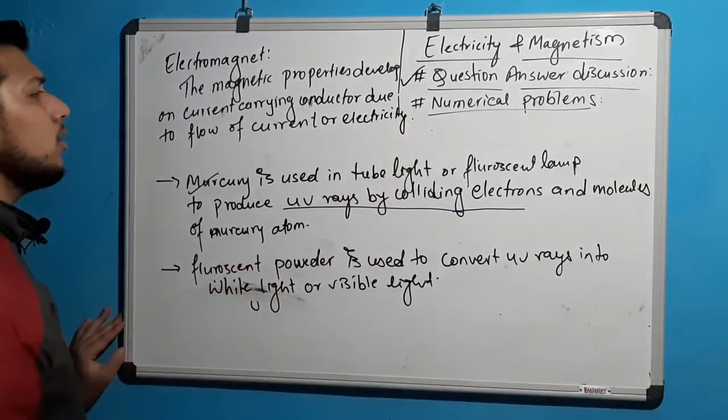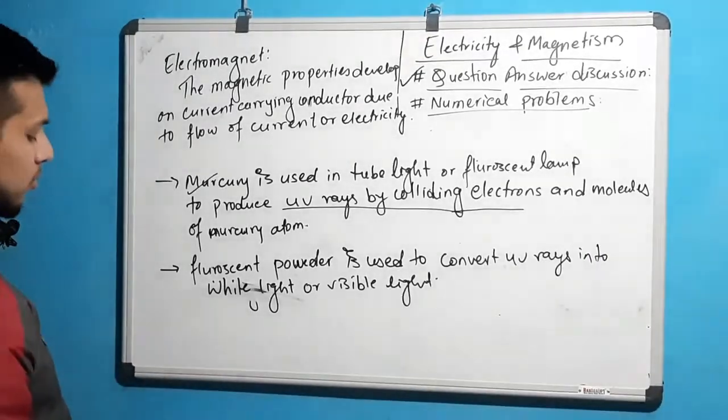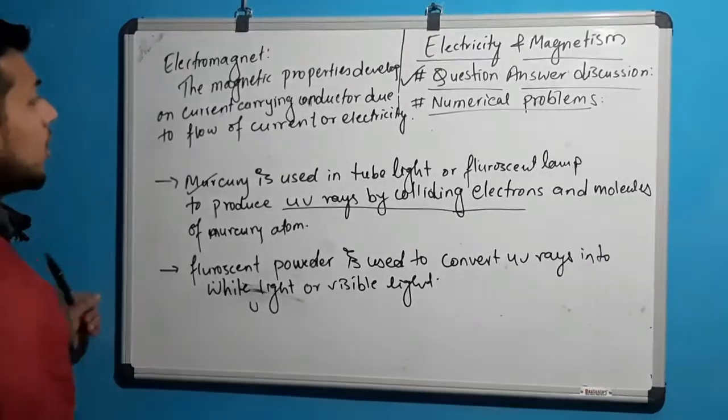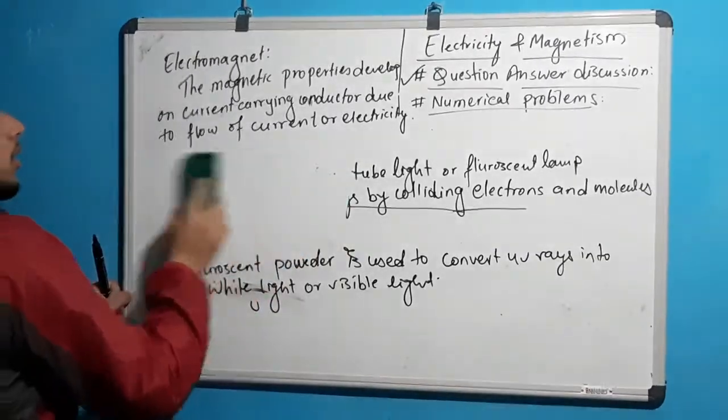Flow of current is electricity. Electricity or current flows, and what happens in it? Magnetic properties develop. This is electromagnet.